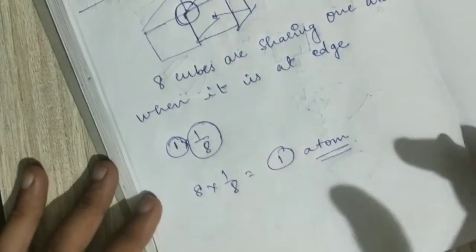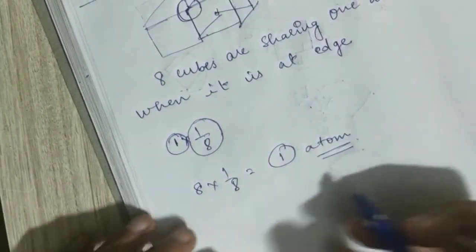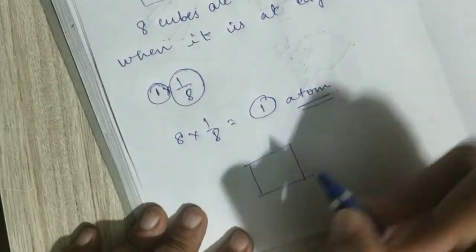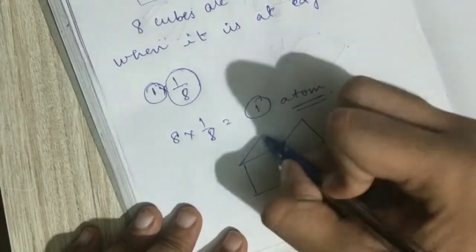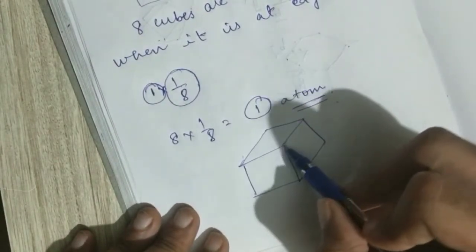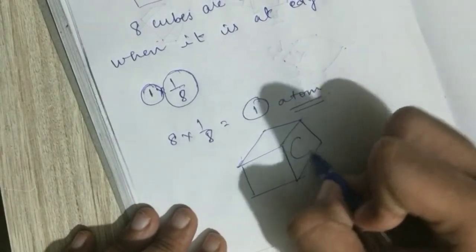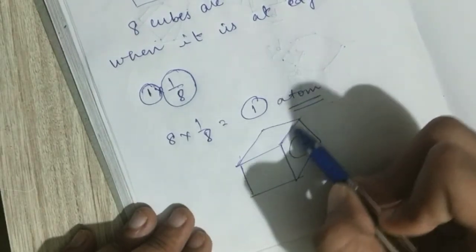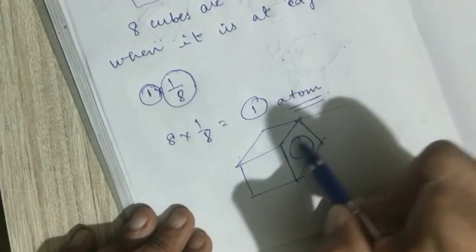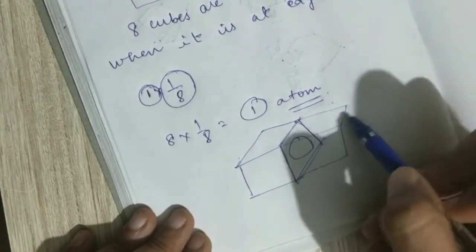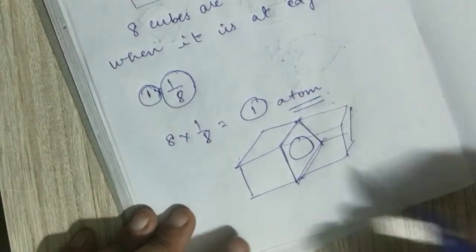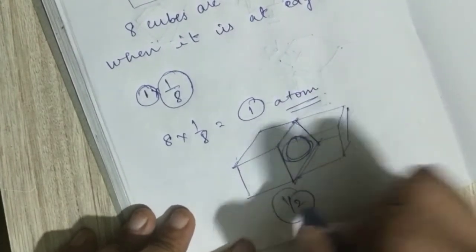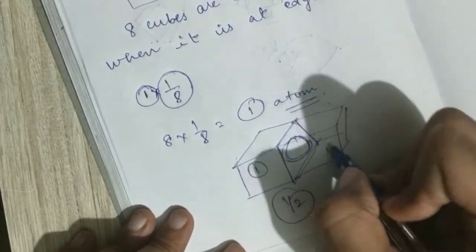And next, if an atom is shared by its face, I'll explain in detail again. If this is the face of one cube and there is another cube over here, and I keep an atom on the shared face, this atom is sharing 1/2 of itself to the first cube and 1/2 to the second one.